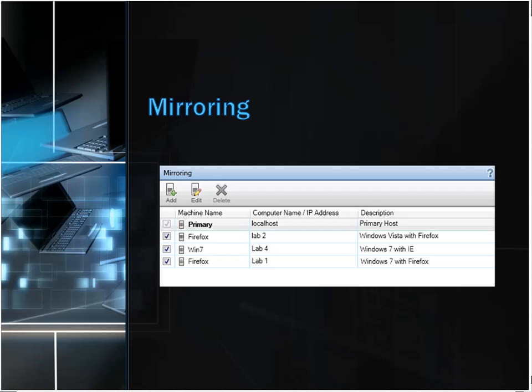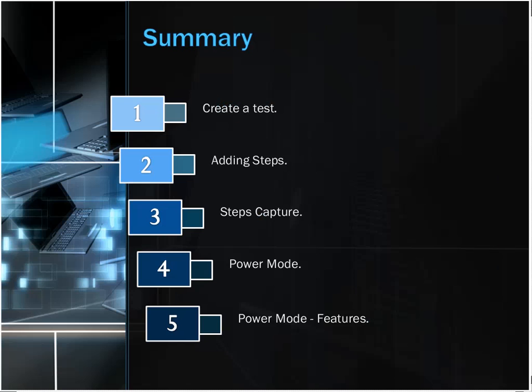In summary, Sprinter has truly evolved into a nice complementary tool to ALM. We now have the ability to create a test inside of Sprinter, whether you choose to do that manually and add step by step by step, much like you do in ALM, or you have the option to use the steps capture.